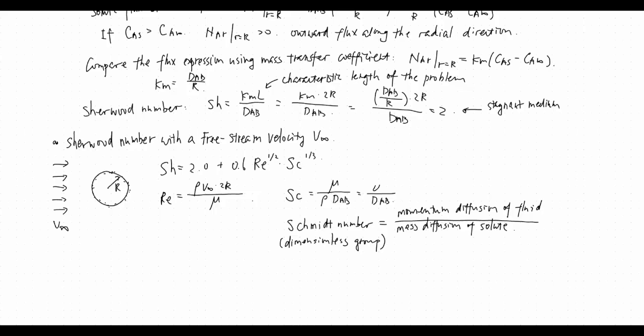Since I'm already here, let me also write down the Reynolds number in case you would like a review. Reynolds number is a ratio of inertial force to viscous force. So every non-dimensional number tells you something.